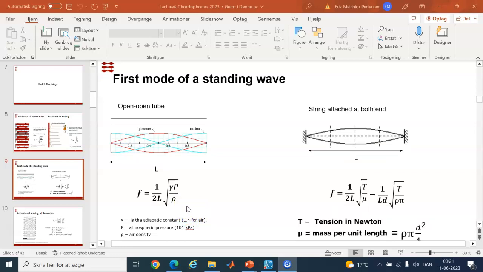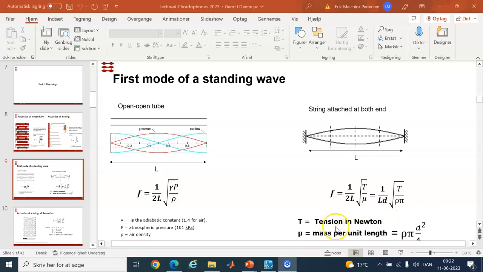And for a single stretched string attached at both ends, we have L here again, and L here for the open tube. n is 1 for the fundamental. The frequency is 1 divided by 2L times this square root, or you can make some changes in the term: 1 divided by L times D times the square root of T divided by rho times pi.